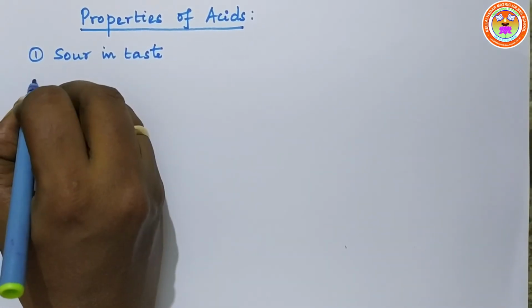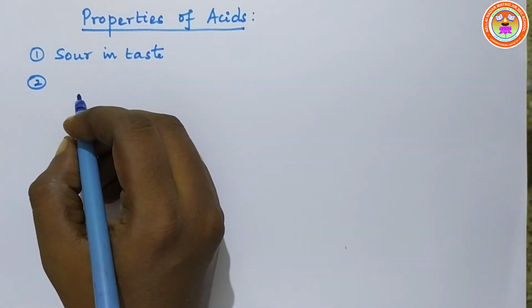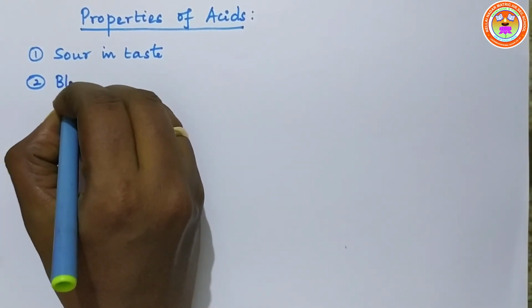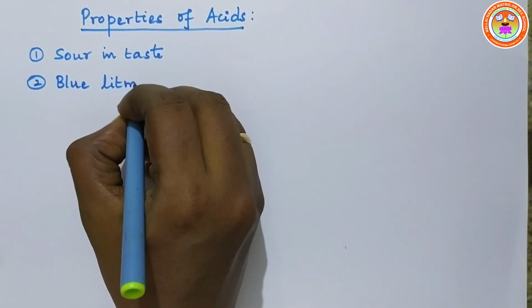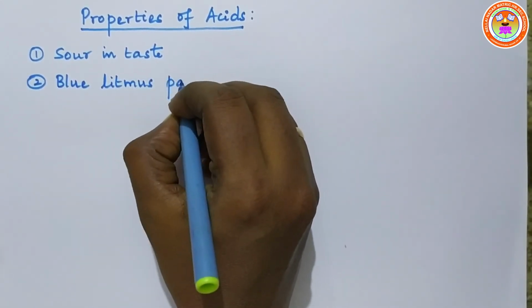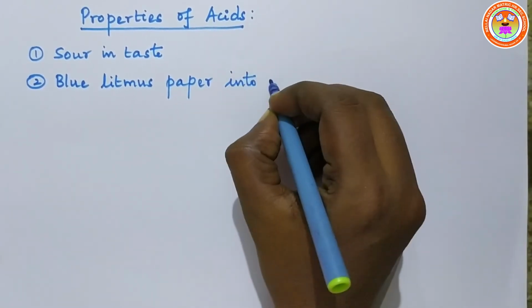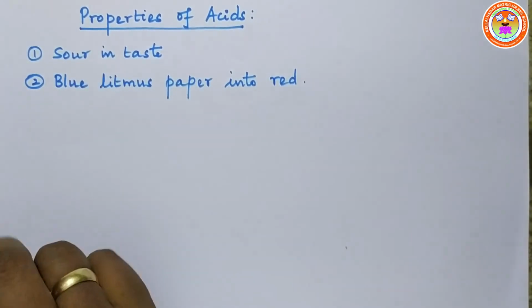An acid turns blue litmus paper into red color. So this indicates that the given substance is an acid.